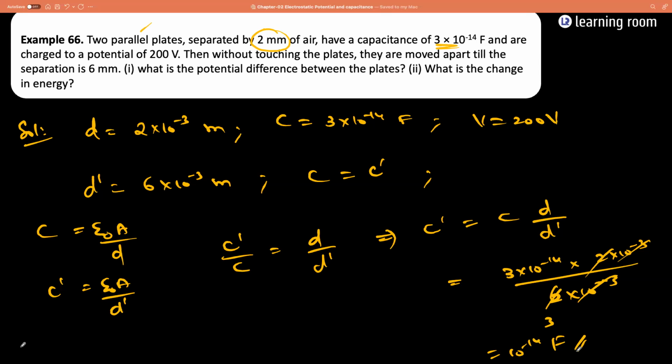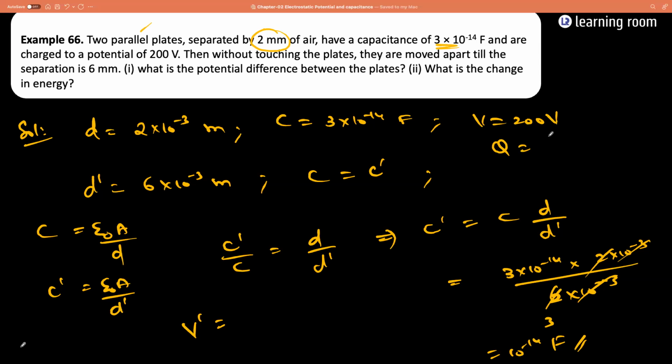What is the potential difference between the plates in the new scenario? So how do I calculate V dash? We can calculate the charge in the first case, and then substitute the value. How much is the charge?